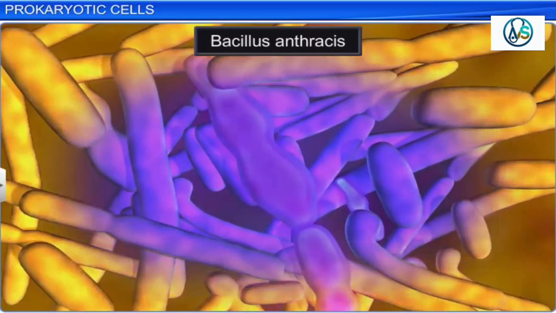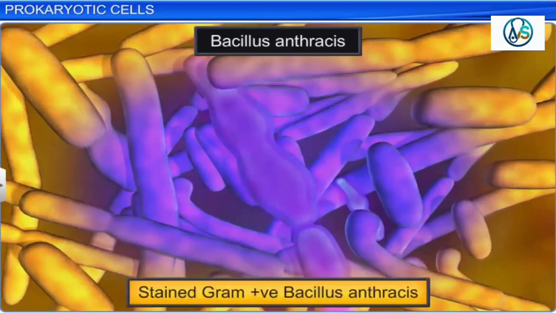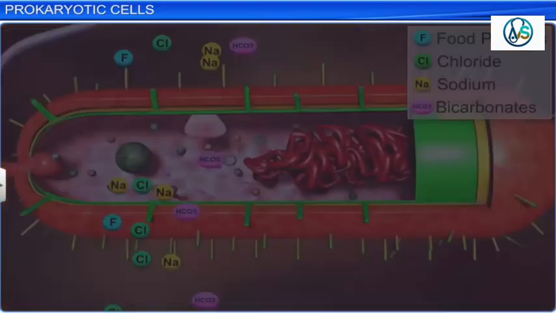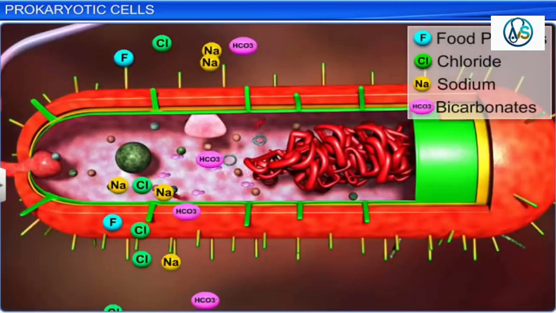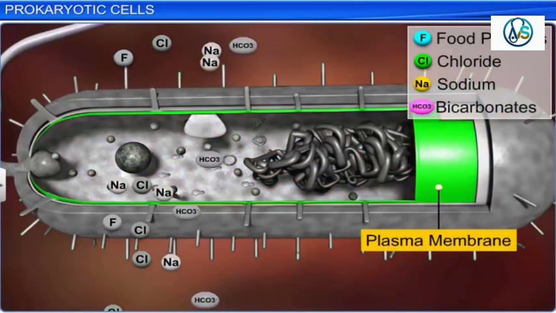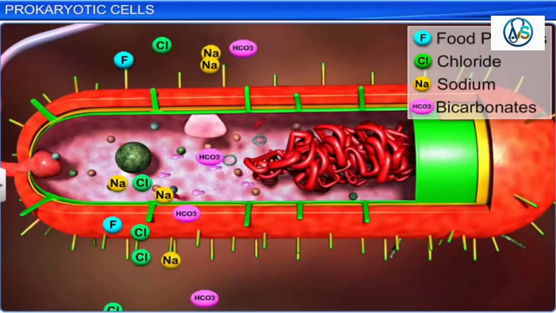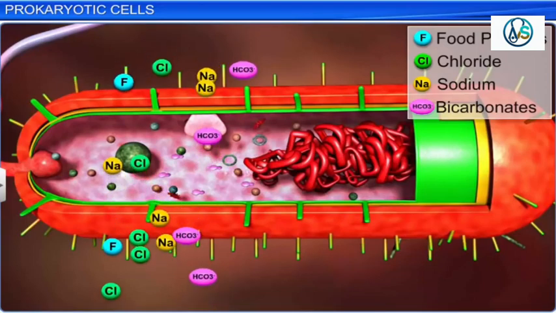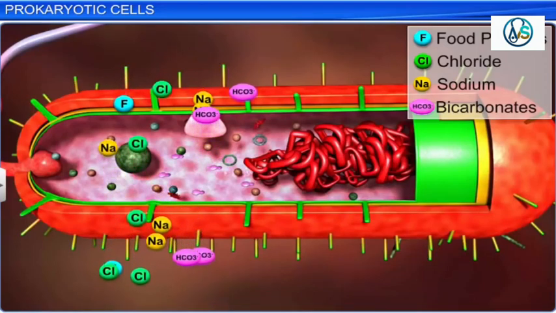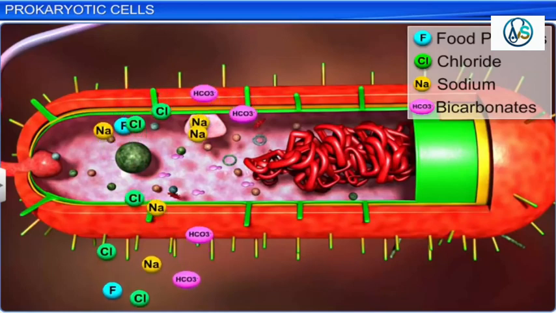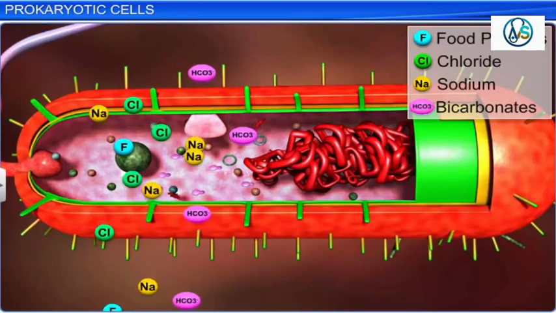Hence, such prokaryotes are called gram-positive. The cell wall is followed by the semi-permeable plasma membrane, which controls the entry and exit of small molecules like food particles and ions like chloride, sodium, and bicarbonates.